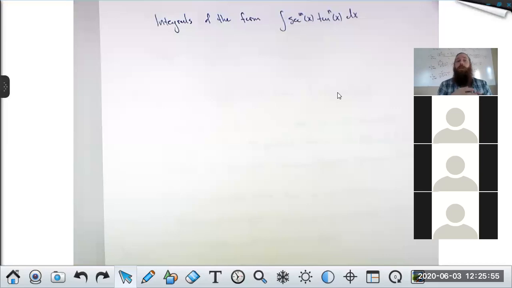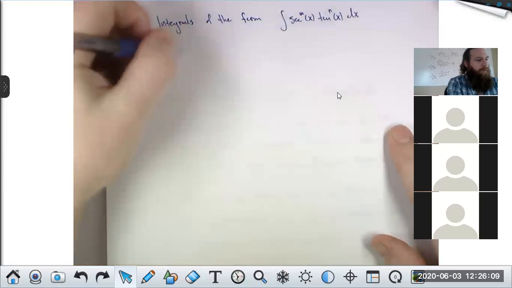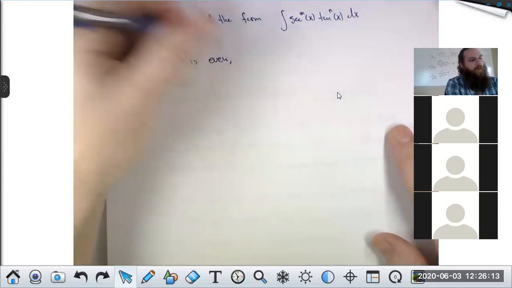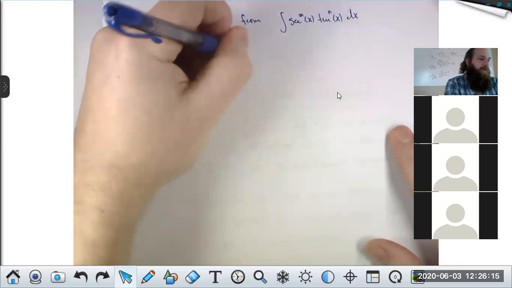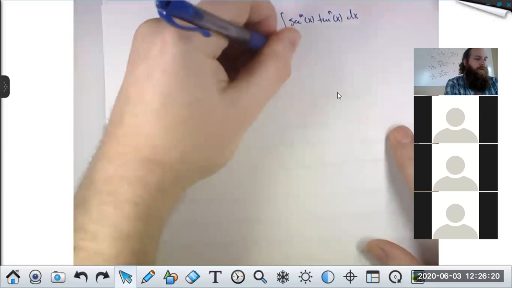So if the power of secant is even, then I can pull two copies of secant out to set aside with the differential, and what's left will be another even power of secant, which I can rewrite in terms of tangent using Pythagoras. So if the power of secant, m, is even, we're going to try to substitute for tangent.